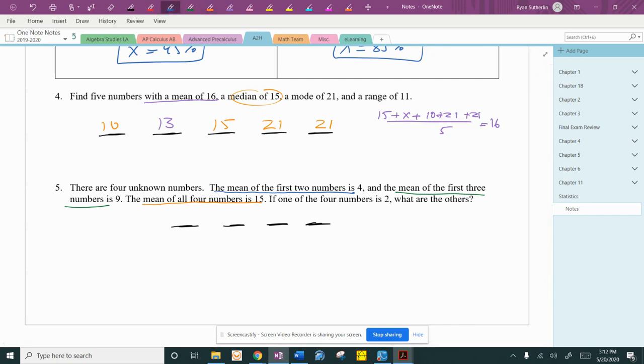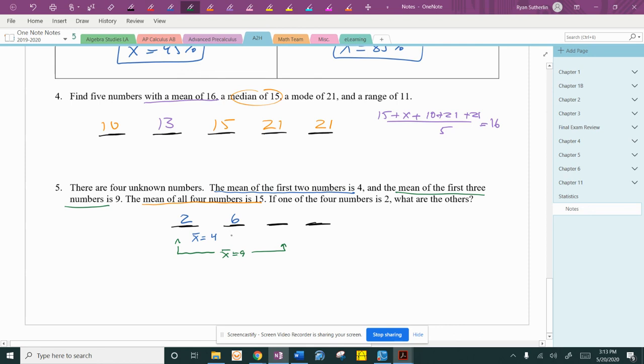Well, let's make 2 this. Well, if 2 is that, we know the average of these 2 numbers has to be 4. For that to happen, this number has to be 6. Now, we know that the mean of these 3 numbers has to be 9, which means they have to add to 27. If I have 3 numbers and the mean is 9, they have to add to 27.